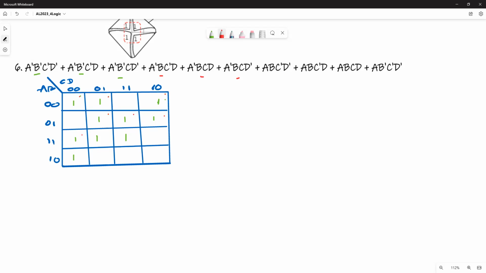This one. Then 1, 1, 0, 1. This one. Then 1, 1, 1, 1. So this is the answer. Then 1, 0, 0, 0. This one. Right? Mavinia, have you identified the error?